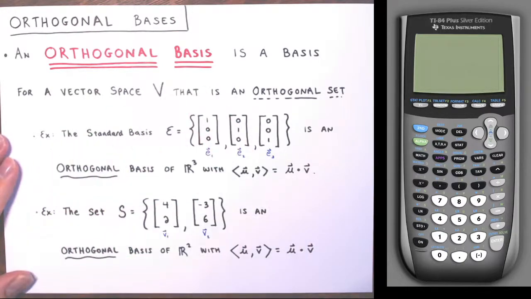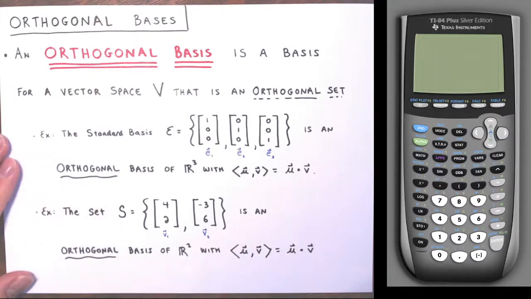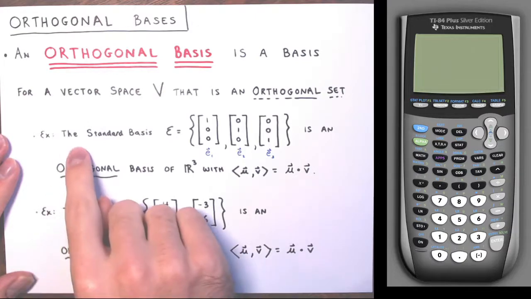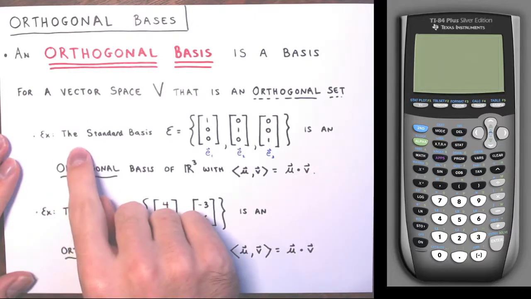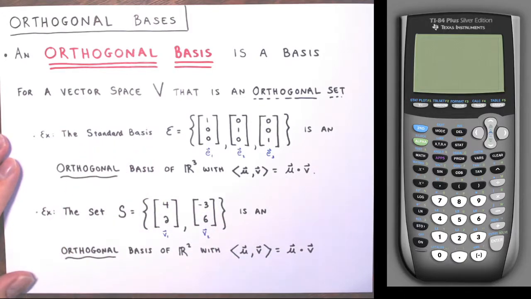So here are some examples. In your Euclidean space under the dot product, the standard Euclidean inner product, in any Euclidean space, R2, R3, R4, Rn, the standard basis is an orthogonal basis of that space.